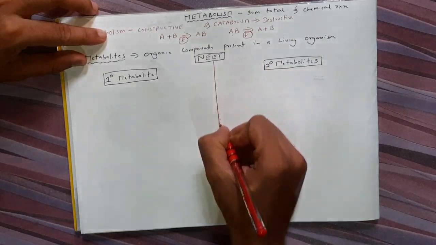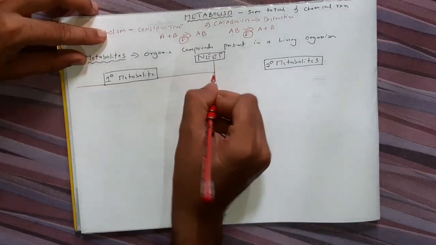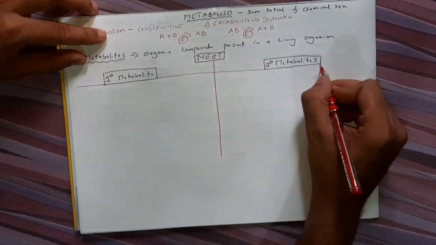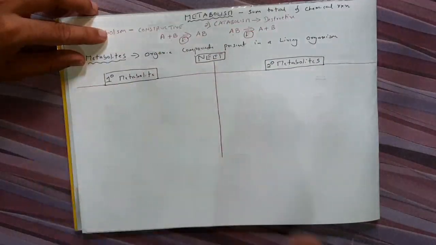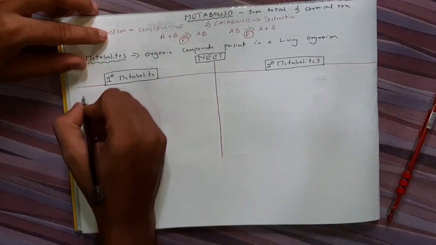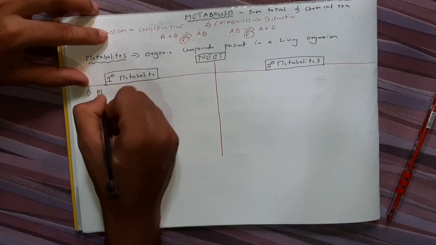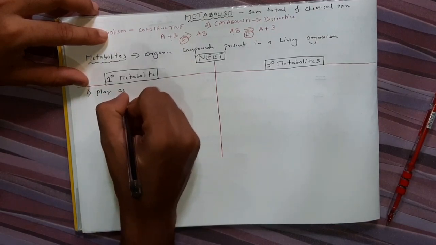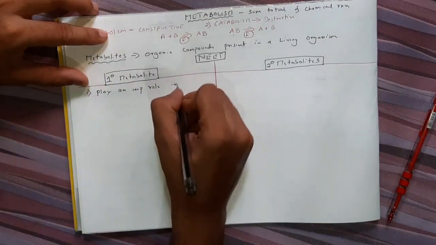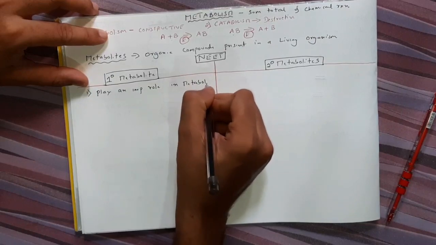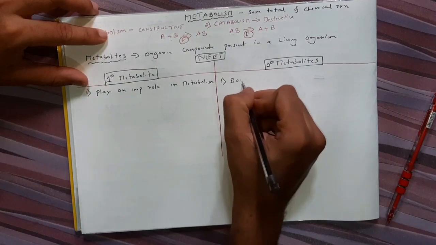Okay, so we just put a line here so that we can classify them. Okay, fine. And now what is this primary metabolite? The first one, these are the chemicals, organic compounds that play an important role in metabolism. They are required for metabolism. This one, the secondary metabolites, they are exactly opposite.